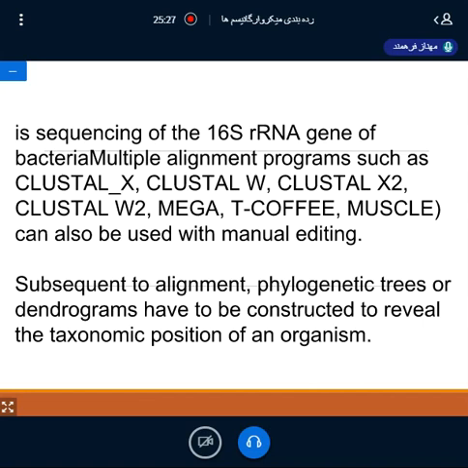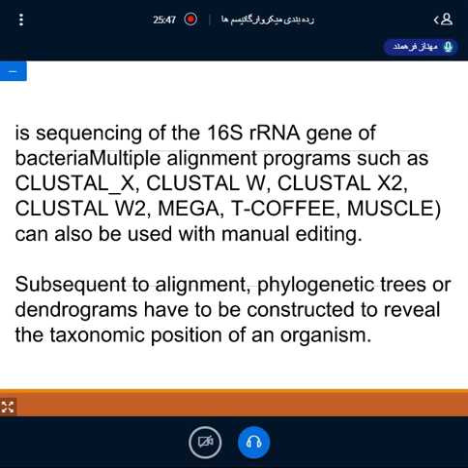Multiple alignment programs such as ClustalX, ClustalW, ClustalX2, ClustalW2, MEGA, T-Coffee, MUSCLE can also be used with manual editing.